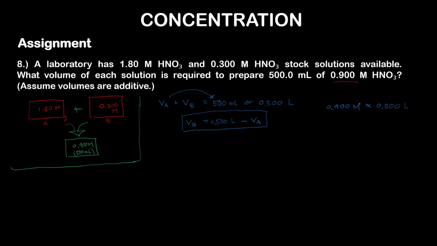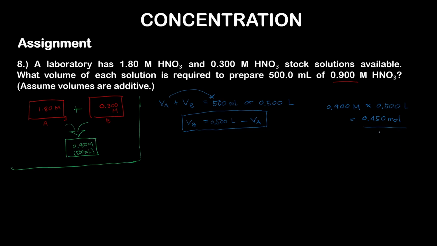Remember, this is mole per liter, so when you multiply this, we get a mole unit. So 0.900 times 0.500 is equal to 0.450 mole.